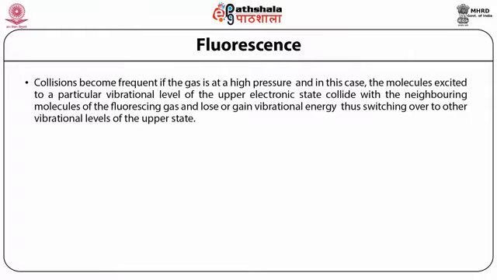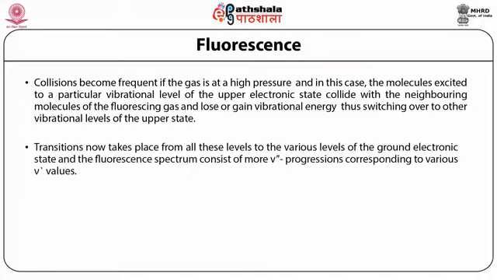Collisions become frequent if the gas is at high pressure, and in this case the molecules excited to a particular vibration level of the upper electronic state collide with the neighboring molecules of the fluorescent gas and lose or gain vibration energy, thus switching over to other vibration levels of the upper state.